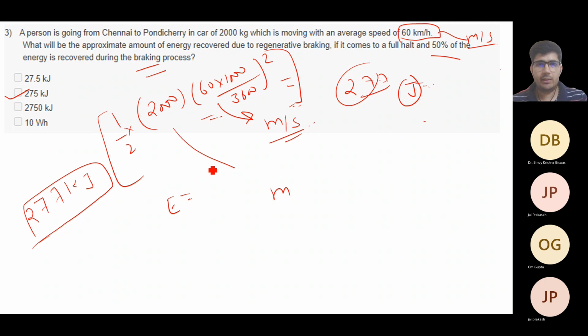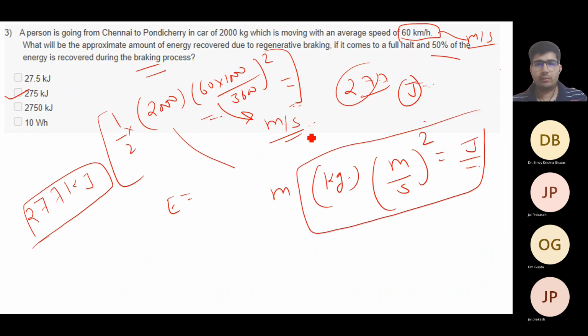Mass is in kg, and acceleration is in meter per second square. So how is it converting into joule? Actually, my question is that you are putting kg, you are putting meter per second square, and how is it converting to joule?